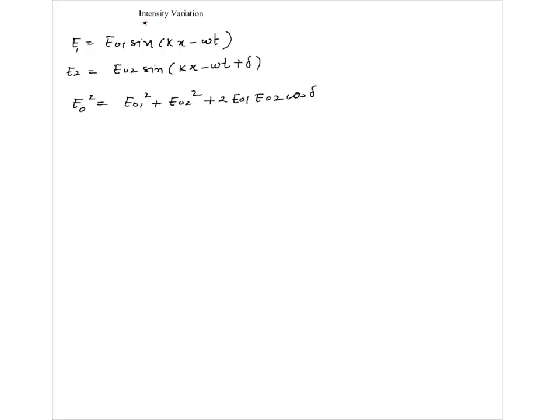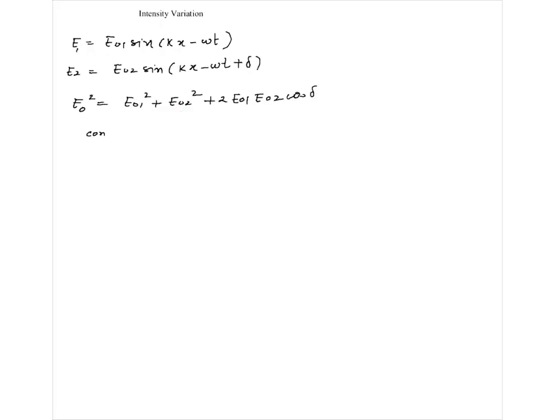We know that intensity is proportional to amplitude square. I want to compare the intensity that is seen at the screen with the intensity of S1 and S2. To get some results, I would need to consider a special case when in S1 and S2 the amplitudes are equal. But that special case is applicable in large number of situations.